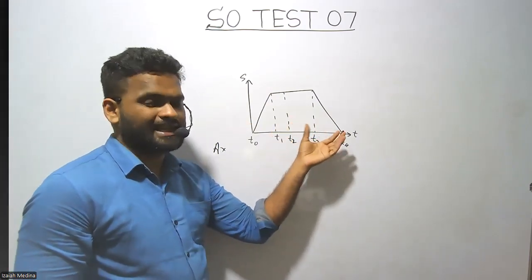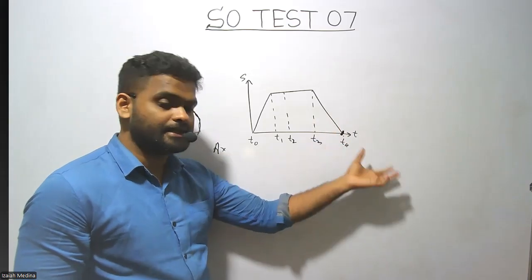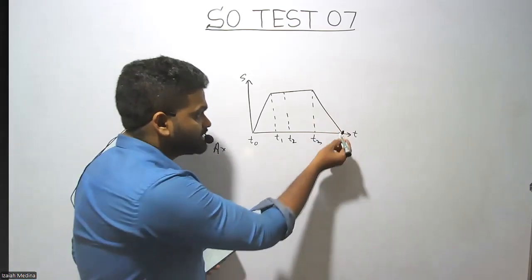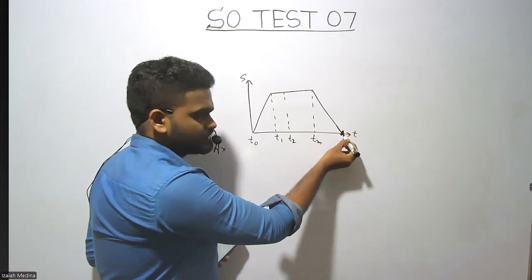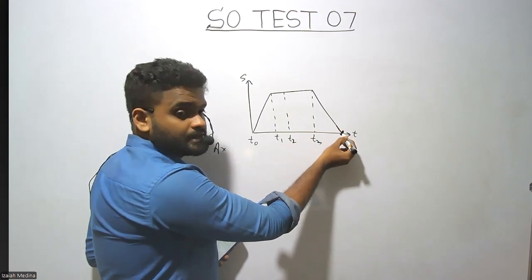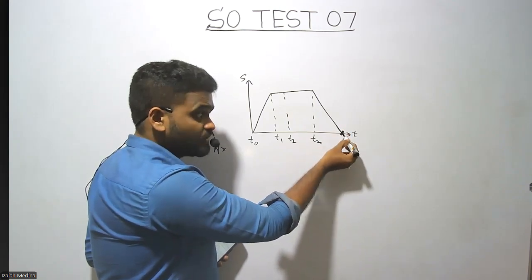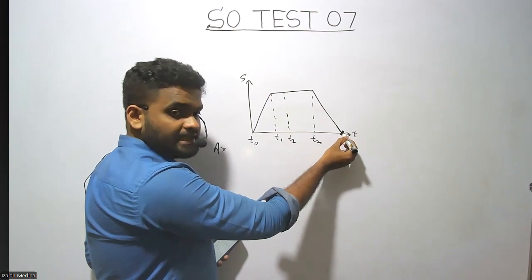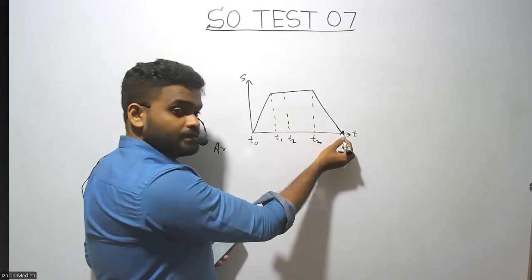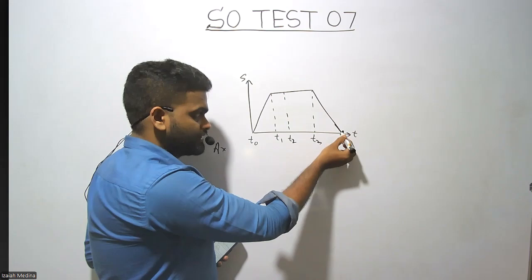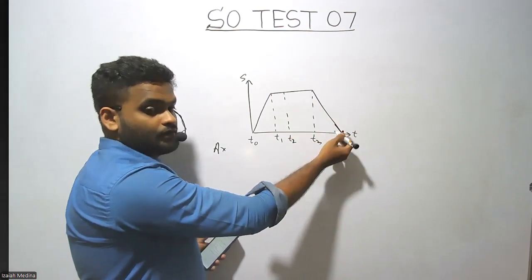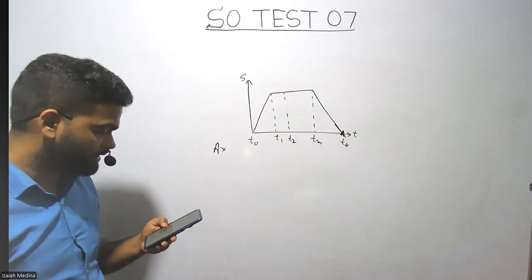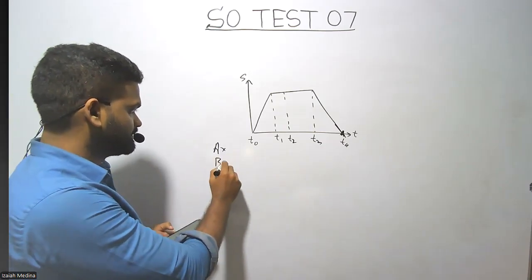Velocity in an ST graph is the gradient, right? So there's a gradient to this ST graph at this instant. Gradient is not 0. The gradient is what defines the velocity in an ST graph, not the displacement. So there's a velocity. Velocity is not 0 there. So B is not correct.